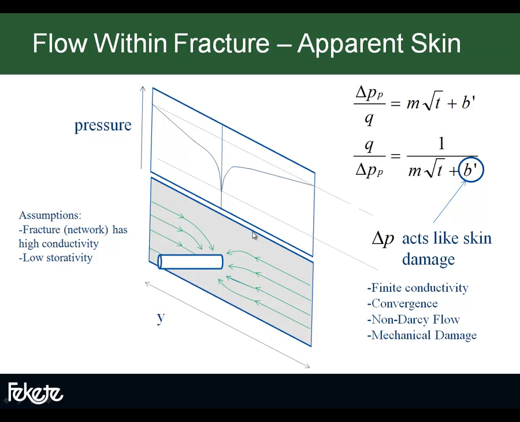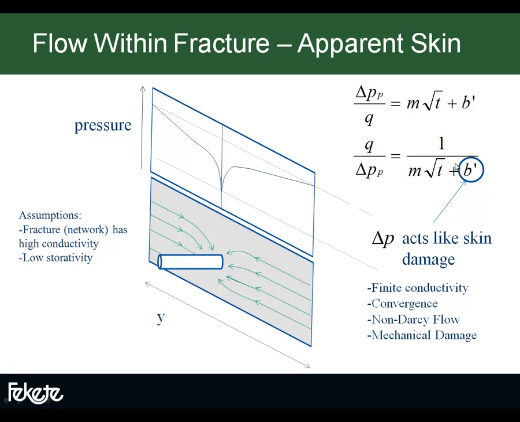The interesting thing is that it appears that this flow regime is over, the transient part of it is usually over fairly quickly. So in a daily production data sense, the transient flow intrinsically in the fracture is not going to last very long. However, it does leave somewhat of a footprint, so to speak, behind in the form of this B prime.